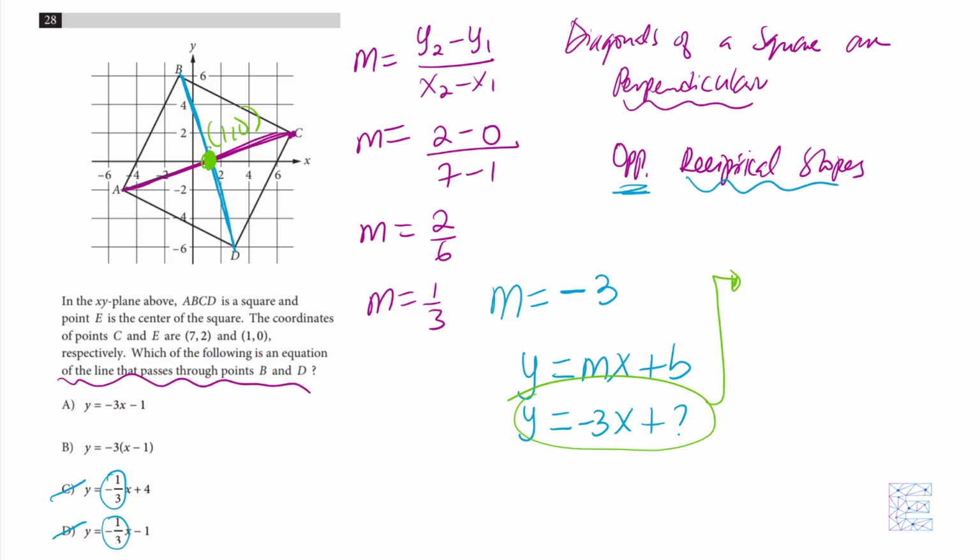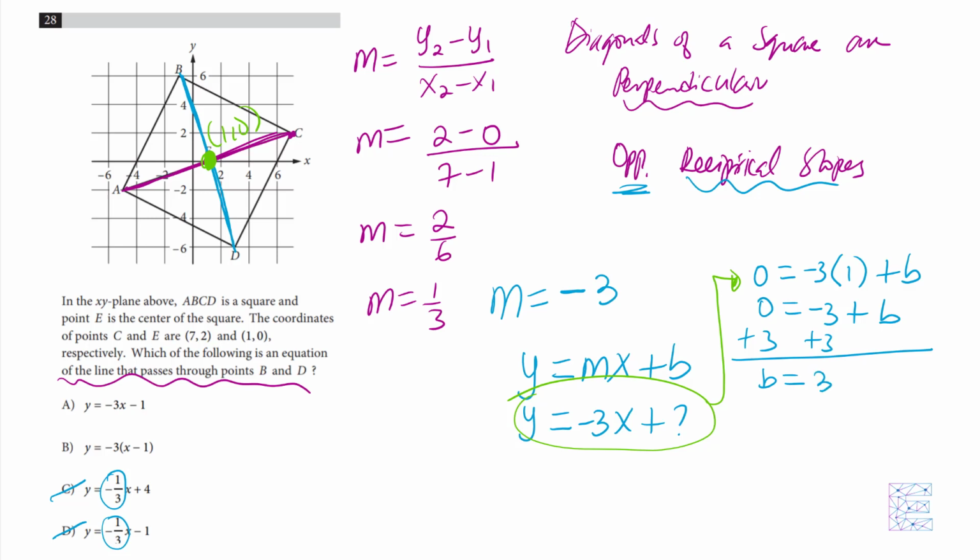The y value is 0, so 0 equals -3 times the x value, 1, plus b. So 0 equals -3 plus b. And we can add 3 to both sides and find out that b is +3.